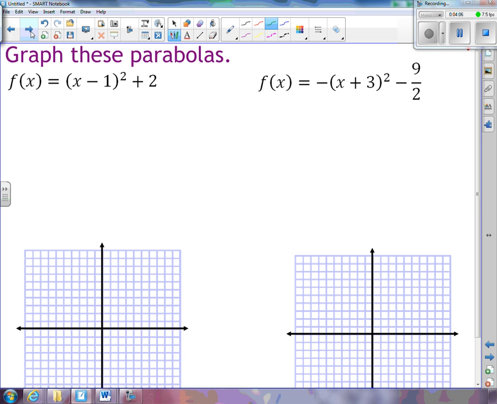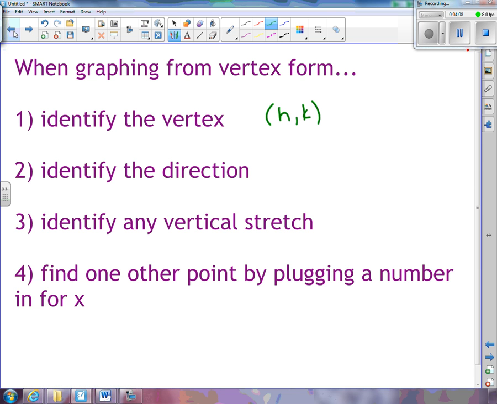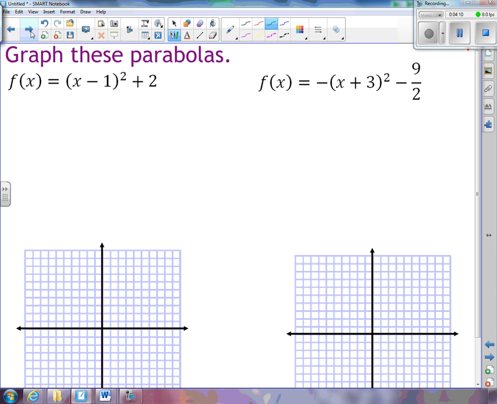The first thing that we are going to do is identify the vertex. Remember that these are of the form a times (x minus h) squared plus k. Here, if you can tell, the h is 1 and the k is 2. So our vertex is (1, 2).